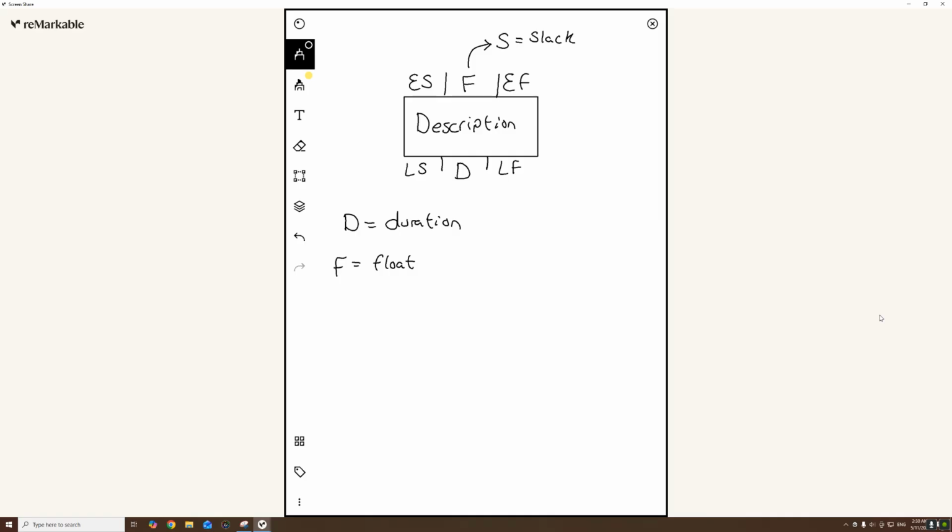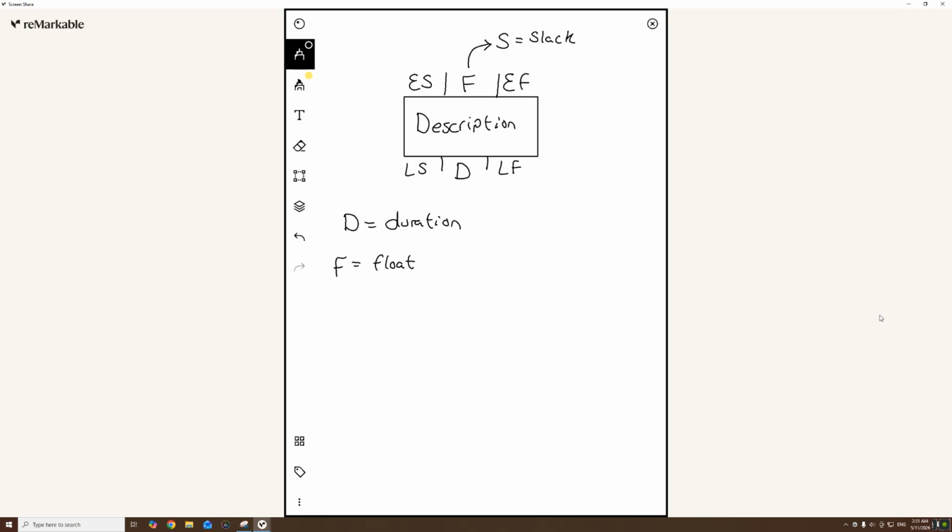So the earliest start would be the absolute earliest you need to begin this task in order to make sure the project is completed on time. And follow the same logic for each of these items. So the earliest finish would be the earliest you need to finish the project by in order to finish on time.